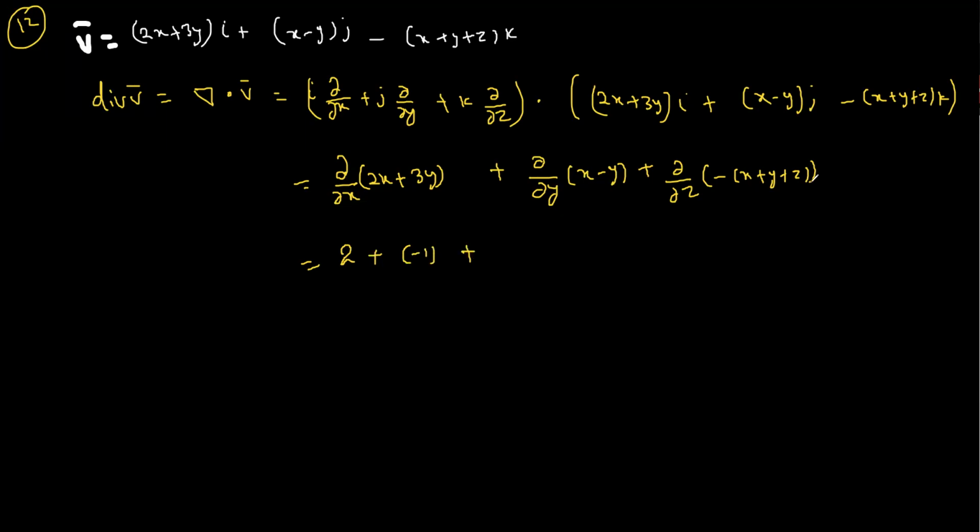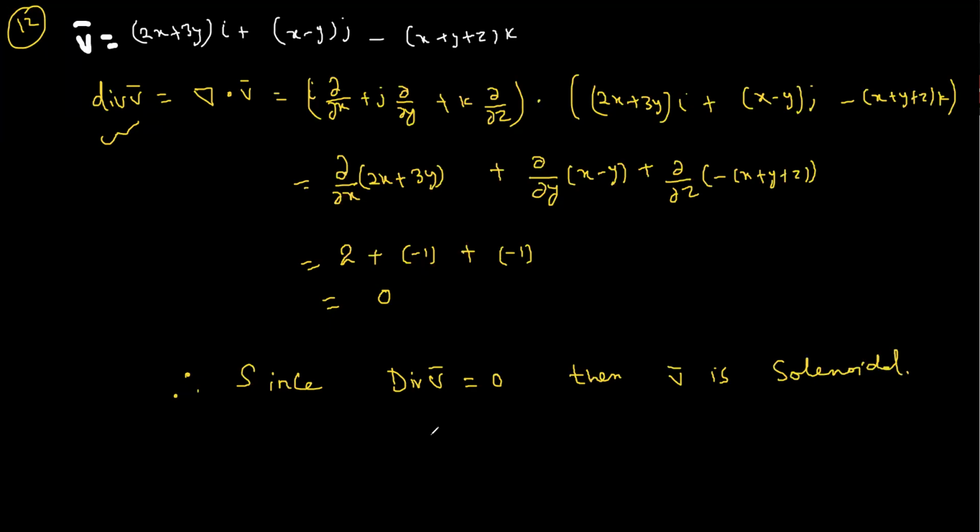And with respect to z, minus 1. So 2 minus 1 minus 1 is 0. Therefore, divergence of vector v is 0, then vector v is solenoidal. Divergence can be written in capital or small letter, it doesn't matter.